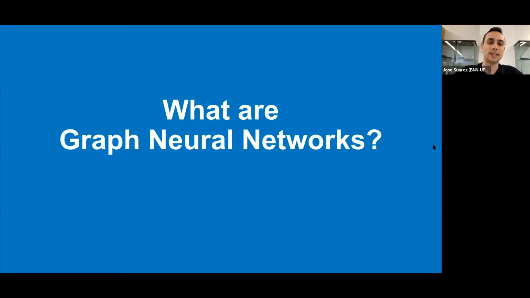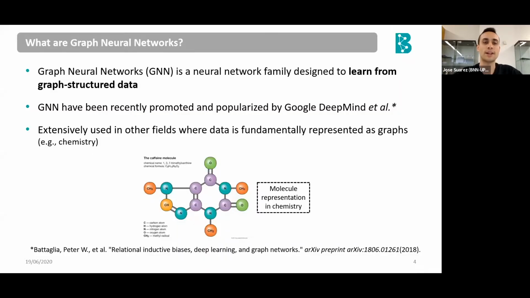First of all, I would like to introduce graph neural networks to those of you that probably don't know this machine learning technique. Graph neural networks are basically a novel neural network family that is specifically designed to learn from data that is structured as graphs. These neural network architectures have been recently promoted and popularized by some people at Google DeepMind, including other authors from academia and the artificial intelligence field.